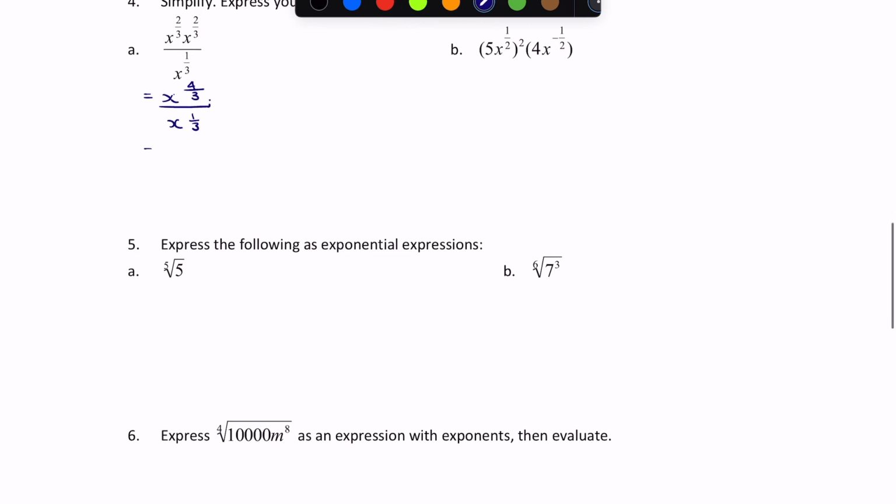So when we're dividing powers with the same base, we have x to the power of 4 over 3 minus 1 over 3. Or sorry, so it'll be x to the power of 3 over 3, which will be equal to just x here.